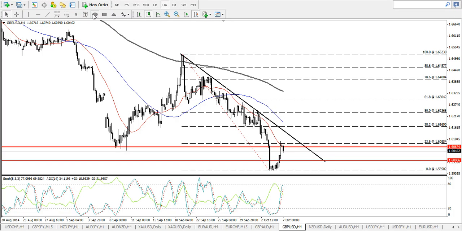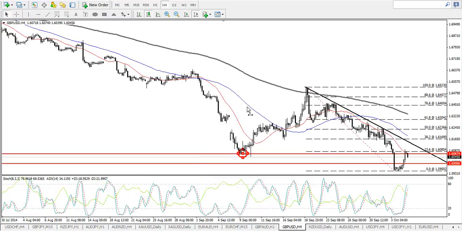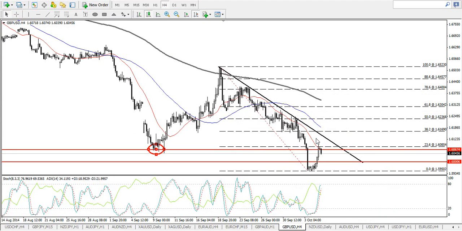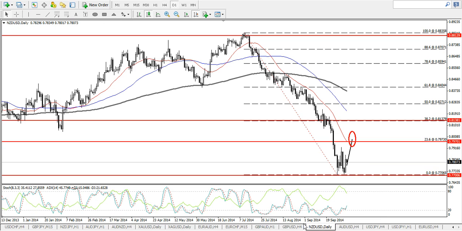What I mean is this is the previous support, and right now it has turned into a resistance level as well. So if price were to fall from the retracement level of 23.6%, I am expecting a pretty rapid fall, and therefore if a trade setup is available here, we can actually look for a short opportunity. Stochastic is almost touching the overbought zone as well. So that is all for the pound against the US dollar.